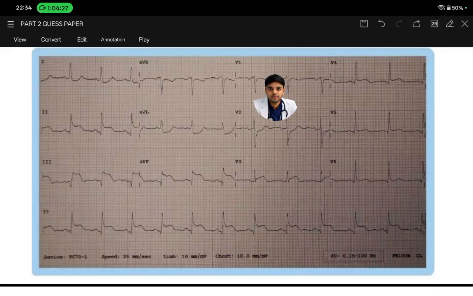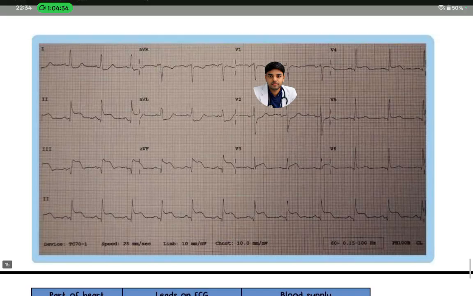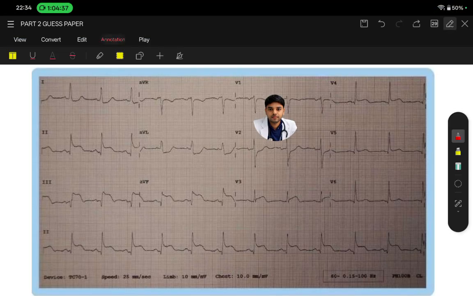See, what type of MI is it? This is the first limb lead, second limb, third limb lead. We are having the augmented leads AVR, AVL, AVF. Got it? Chest leads we are having V1, V2, V3, V4. Tell me, SALI. At what leads do you have to see?